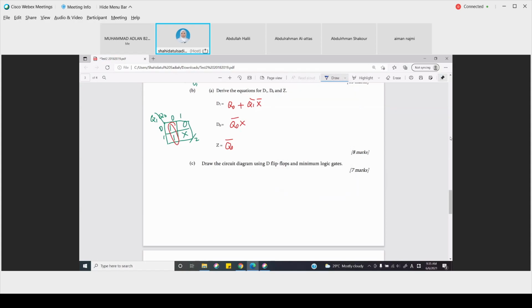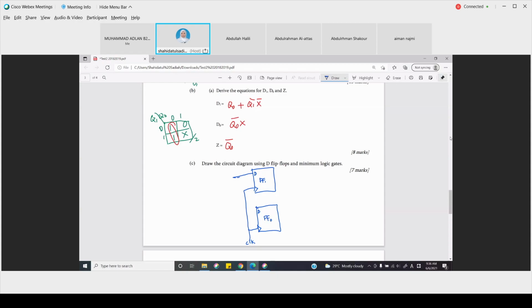Means for D1, first we draw the flip-flops. There are two flip-flops. Each has input D and a clock, and the clock is the same. We call this flip-flop 1 and this is flip-flop 0.